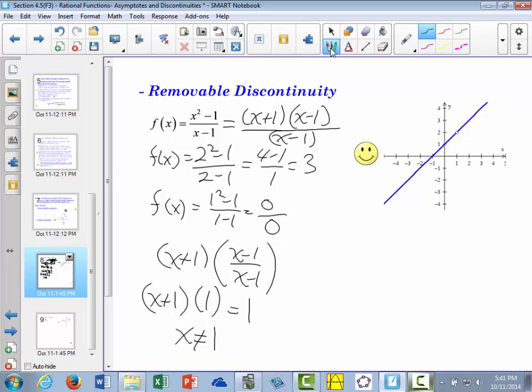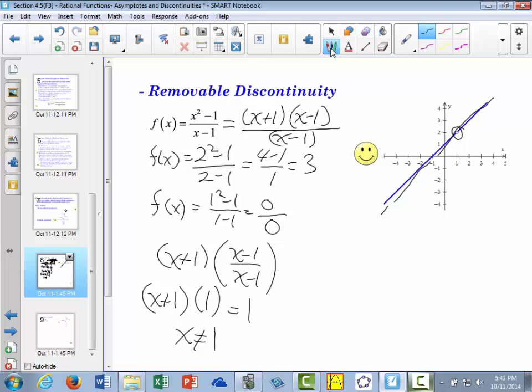Which gives us the line over here, x plus 1, except at x equals 1. And there, since we're trying to divide by 0, we don't get a value, and we put in our hole.